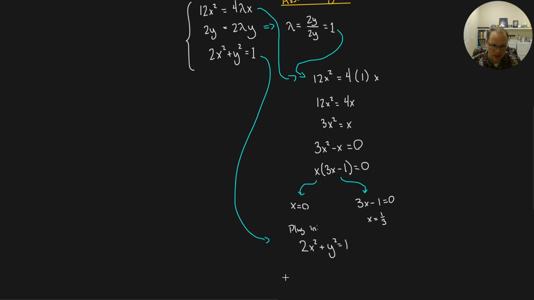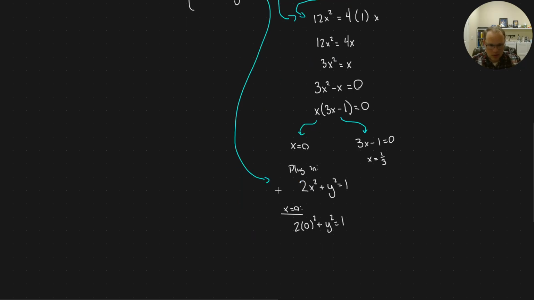So let's start by plugging in x equals 0. I get 2 times 0 squared plus y squared equals 1. That's just y squared equals 1. So if I take the square root, I get y equals plus or minus 1. Okay, so that gives me two possible answers. x equals 0, y equals 1, and x equals 0, y equals -1.